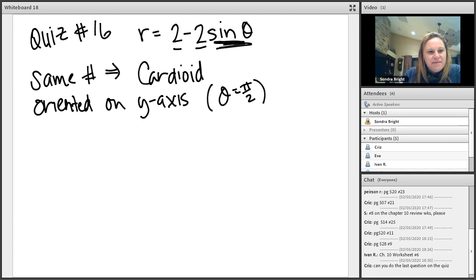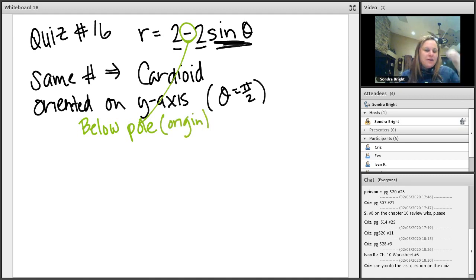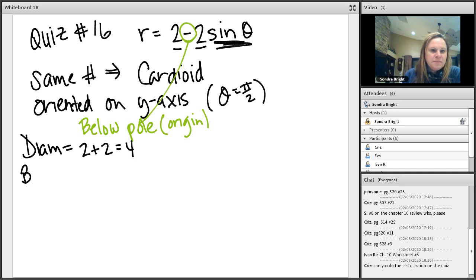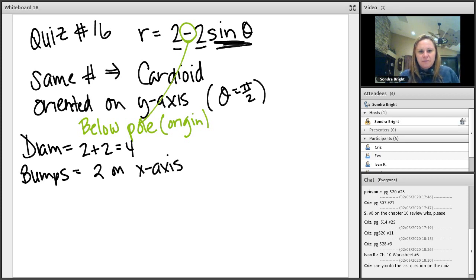The fact that it is a minus sign here means that the major part of the graph will be below the pole, south of the pole, south of the origin. And then my diameter will be 2 plus 2, which is 4, and then the bumps will be at 2 on the other axis, on the x-axis, since our major part is on the y. All right, so womp, womp.